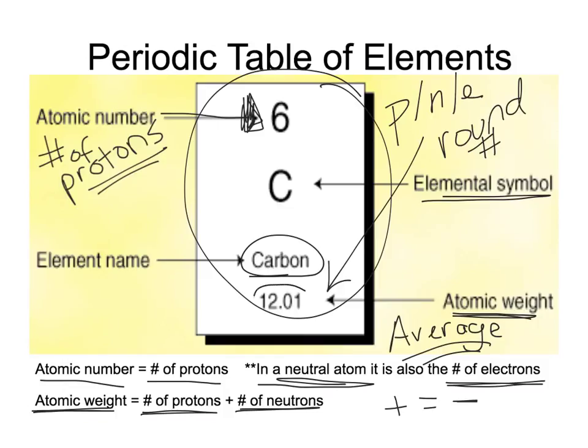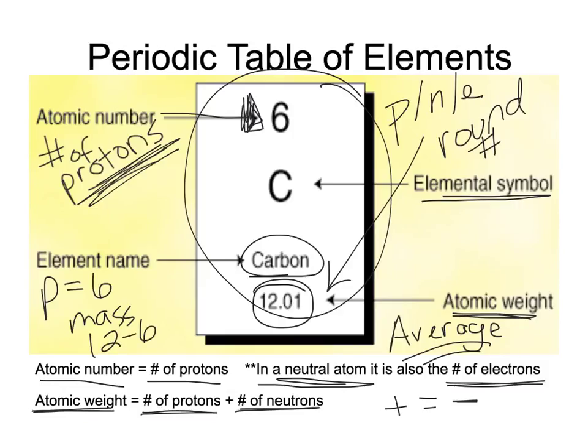So here you can see that carbon has a mass of 12. According to the atomic number, it has 6 protons. So if the mass is 12 and I already have 6 protons, that means that I have 6 neutrons.